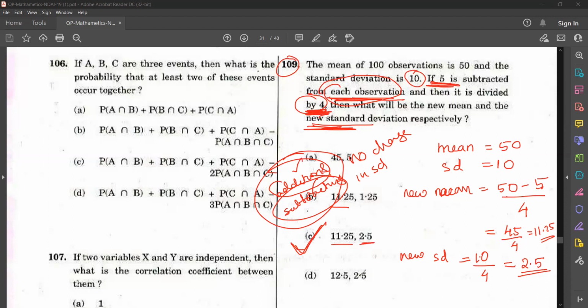New standard deviation is 2.5. Okay. So let's go to the next question.